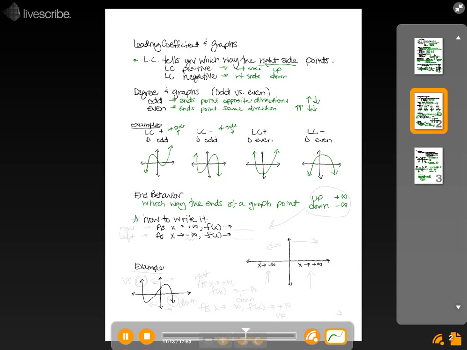Now, there's a specific way that we write this, and we say as x, and then the arrow means approaches positive infinity, comma, f of x approaches something, and we'll fill in that blank. This first part is the right side of the graph. Okay? If we look at our picture over here, it's this part of the graph.